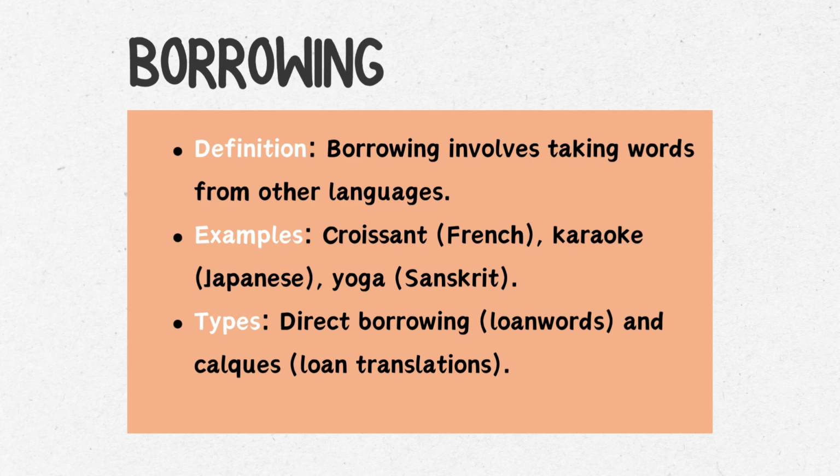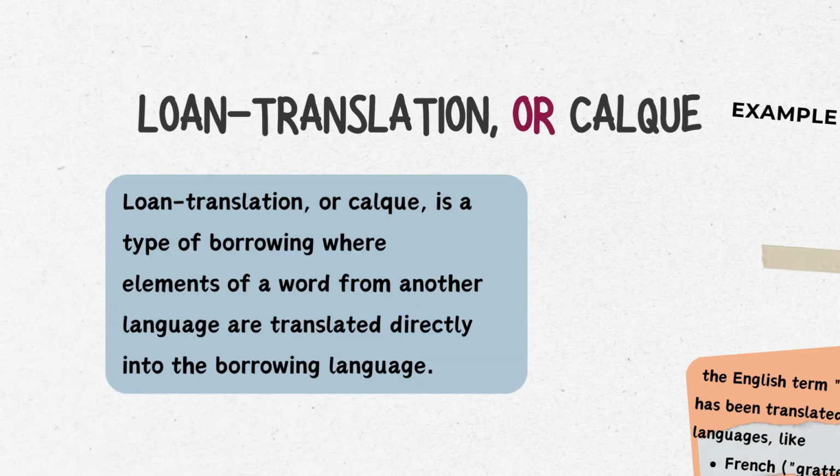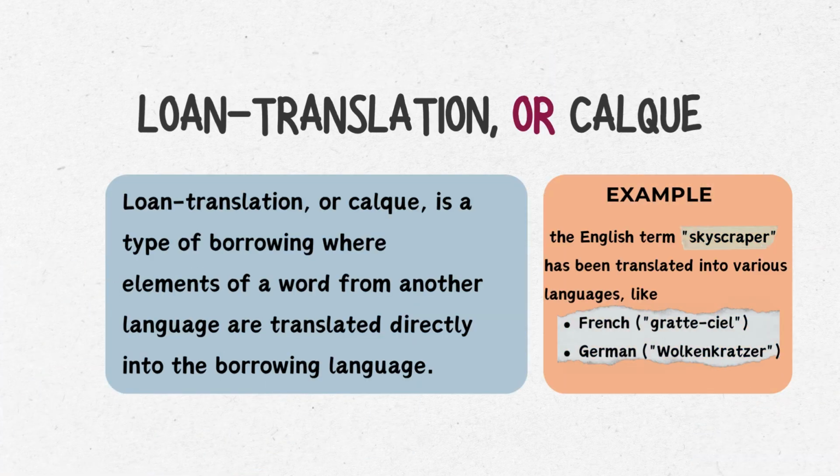Direct borrowing is when you borrow the word as it is without changing its pronunciation or form. But for loan translation, the scenario is a bit different. Loan translation or calque is a type of borrowing where elements of a word from another language are translated. Focus on this word, translated directly into the borrowing language.